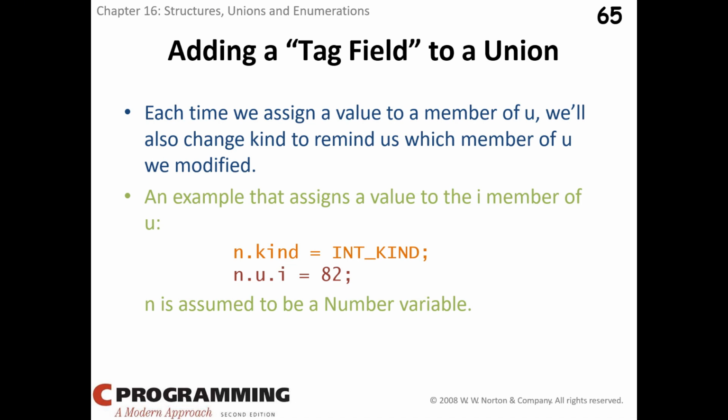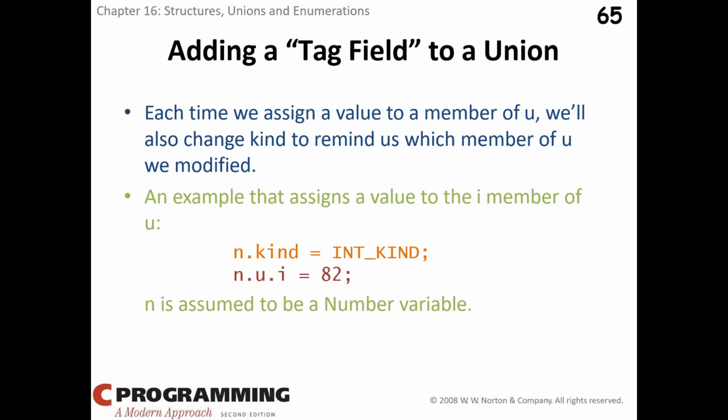Let's consider an example where we assign a value to the integer member i of the union. In this scenario, we ensure that the tag field, which is kind, is updated accordingly to reflect that an integer value is now stored within the union.